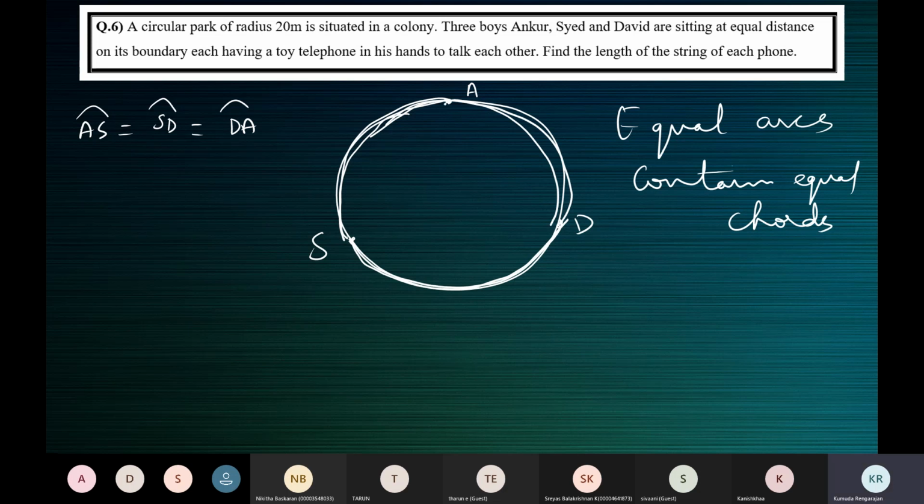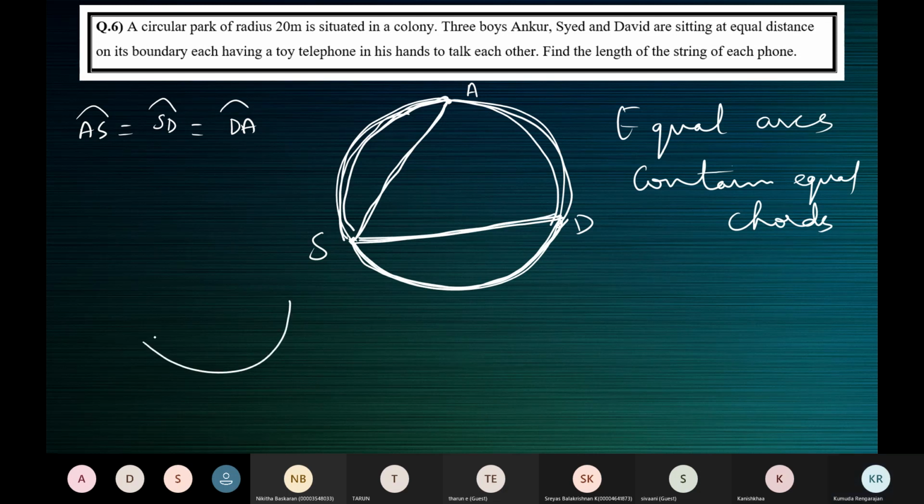So this is the chord. When you connect AS, this is the chord contained by the arc AS. When you connect SD, this is the chord contained by the arc SD.